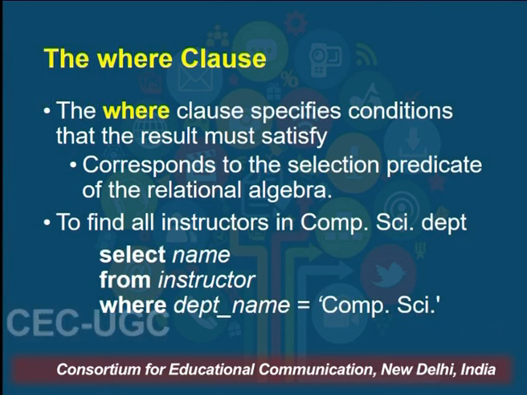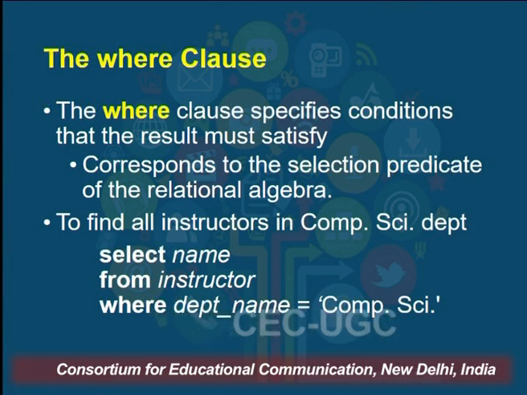We can obtain multiple fields, all fields, or a single field. We can have literals in the form of attributes, with or without the name. We can also specify the where clause, in which we specify some selection predicate, which is to be satisfied by the result.